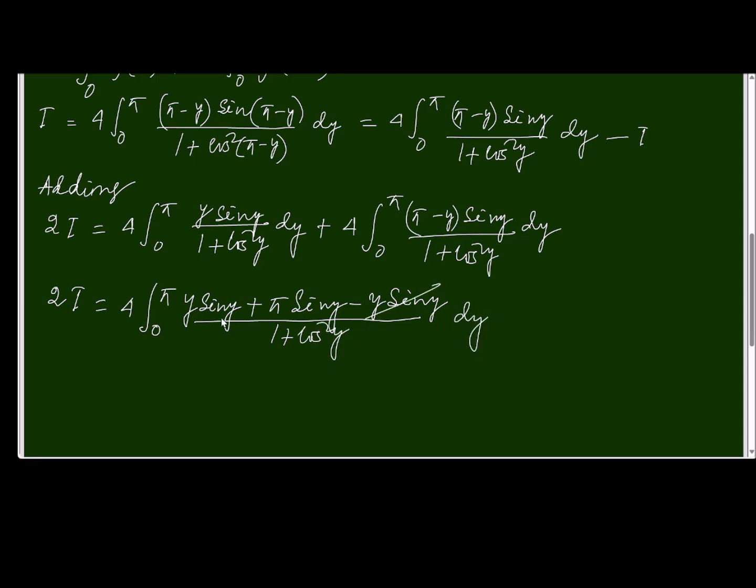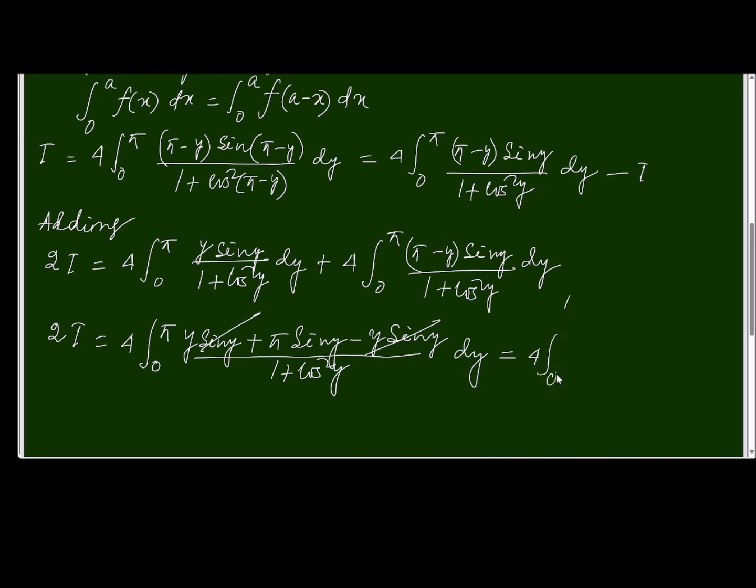So here the y sin y terms will cancel. So this will be 4 times the integral from 0 to pi of pi sin y over 1 plus cos square y.